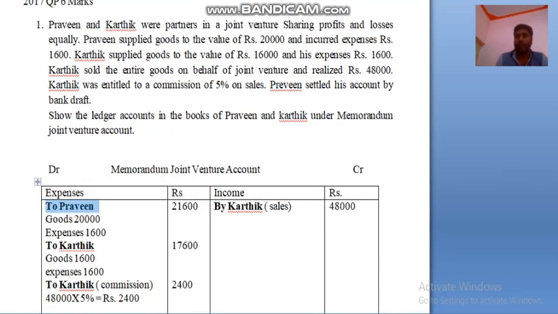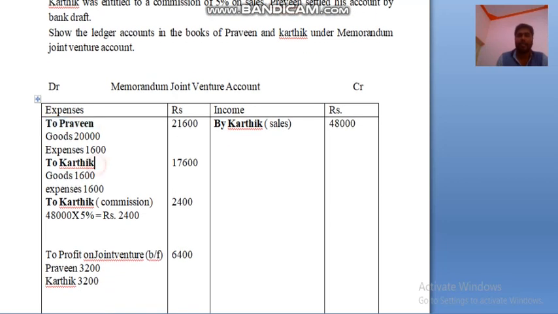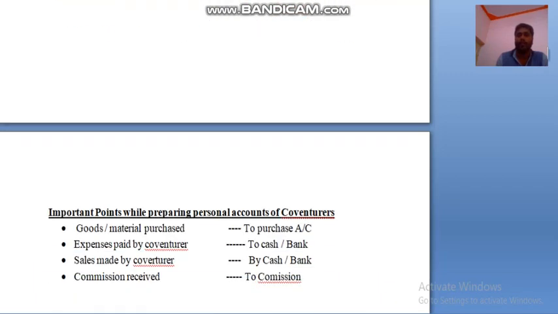Now the second transaction, the second one, Karthik. So here we are preparing only Praveen account. So don't consider Karthik transactions. Consider only Praveen transactions. So the third one also Karthik, leave it. And the last one here is Praveen. Praveen received a profit of rupees 3,200. So record the profit of Praveen.